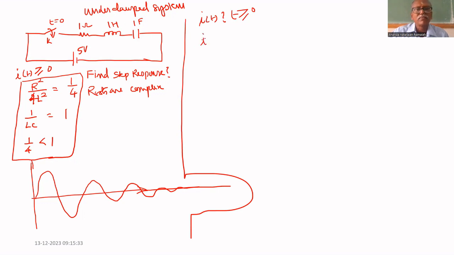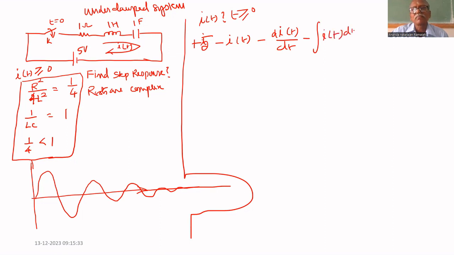If you start from the voltage, rise in potential plus 5, minus I of t, since the current through this is I of t, minus 1 di of t by dt, minus 1 by C, that is also 1, integral of I of t dt from minus infinity to t equal to 0.